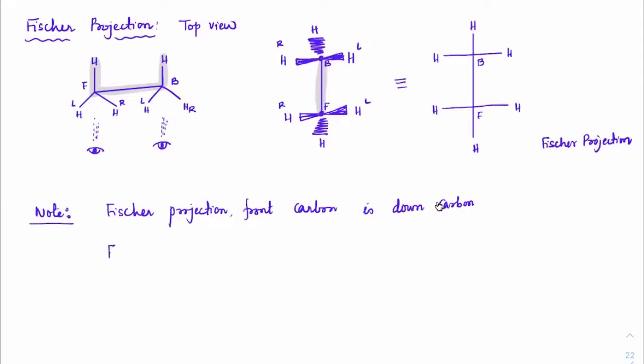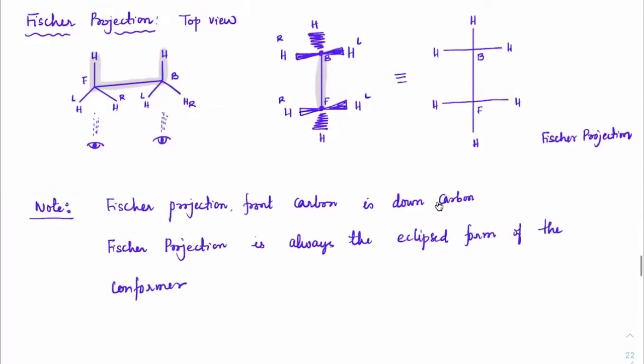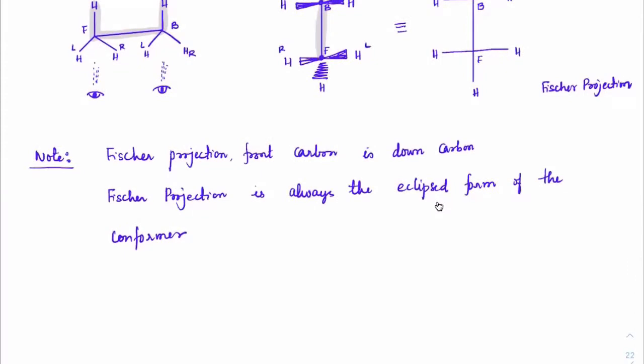Second thing, Fischer projection is always the eclipsed form of the conformer. Now what we will do, we will start with the basic structure, then we'll go into the Sawhorse projection, then to the Newman projection, and finally coming towards the Fischer projection. Okay. So you will get a complete idea about how to interconvert one another.